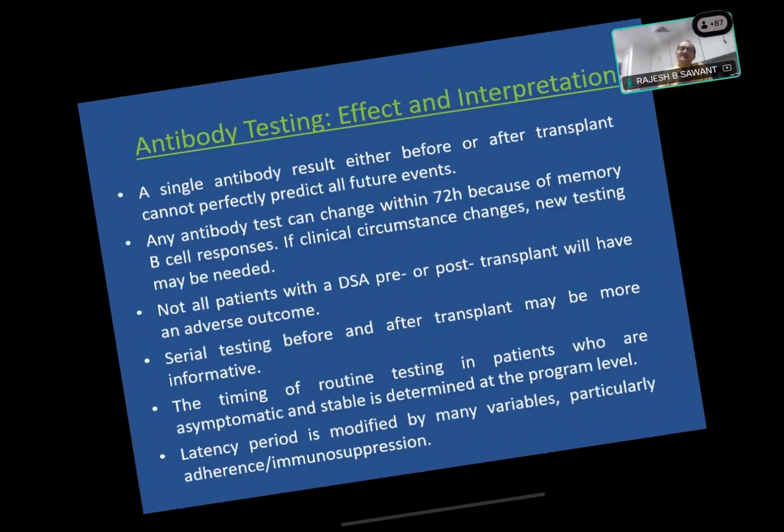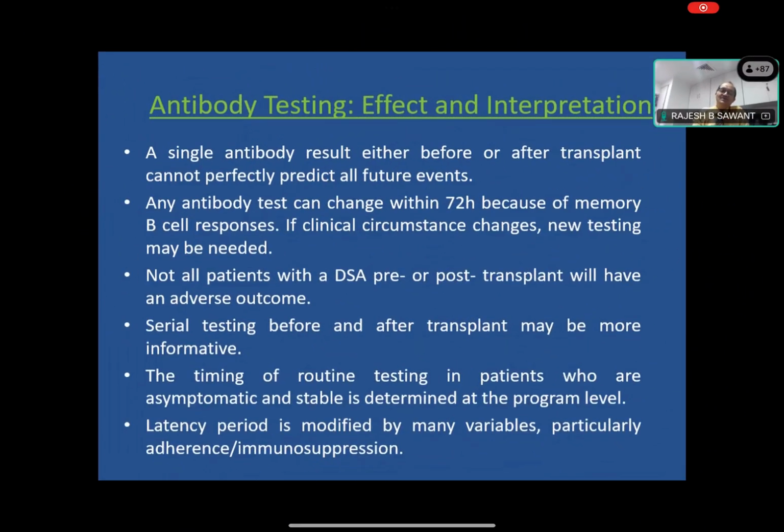And therefore, whenever you are doing a transplant or planning a transplant, the last final go-ahead test should be done within 48 to 72 hours of the actual transplantation, when the organ is going to go in or when the infusion is going to happen. Because as early as within 72 hours, an antibody may be formed.